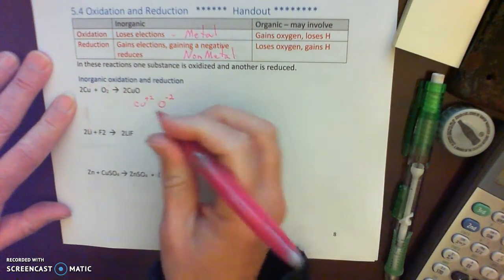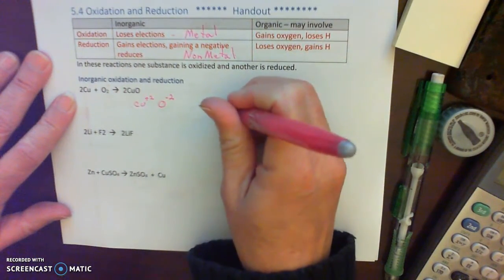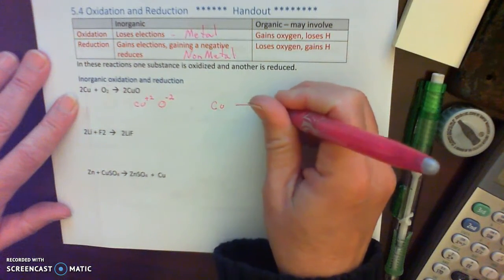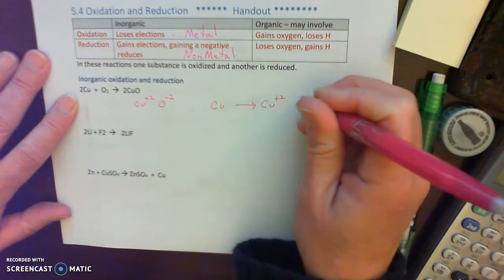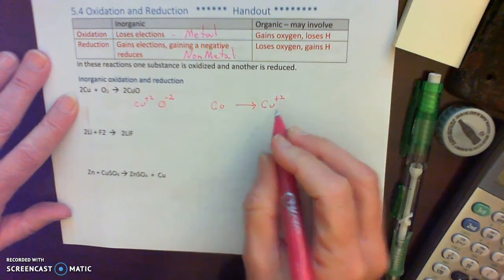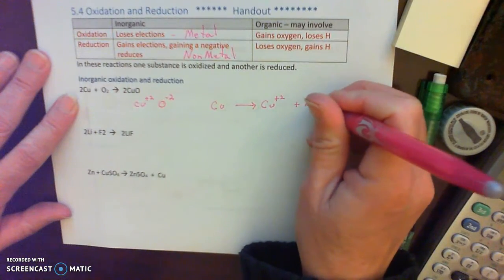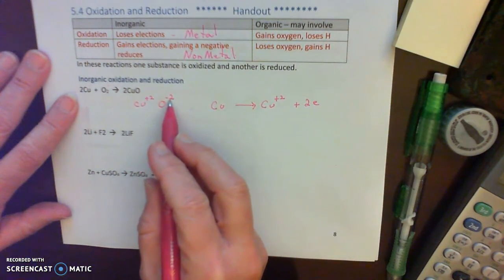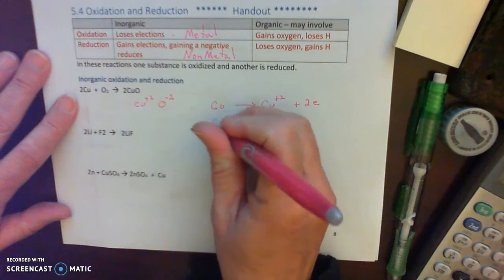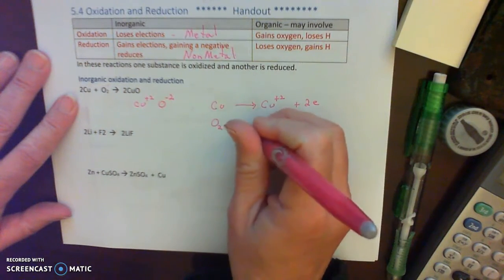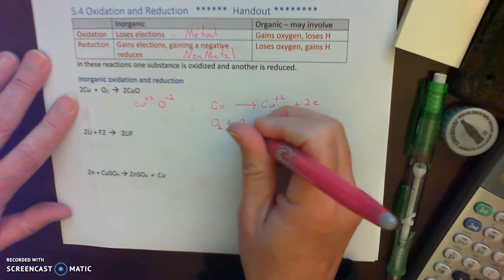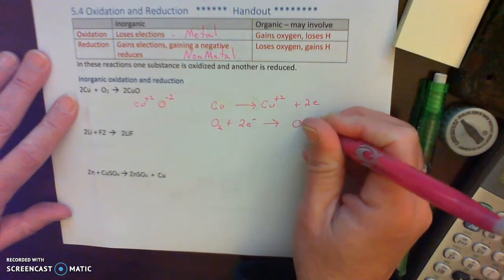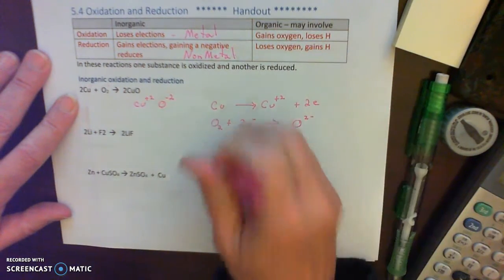So what we have is copper going from regular elemental copper to copper with a positive charge. In order for it to do that, it had to lose 2 electrons. For this oxygen to have a negative charge, the elemental oxygen must have gained 2 electrons so that it could be oxygen with a negative charge.